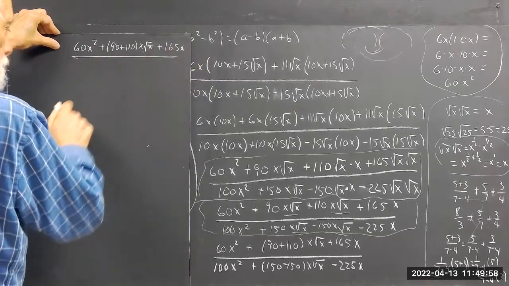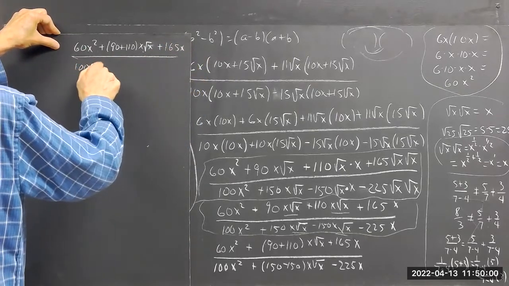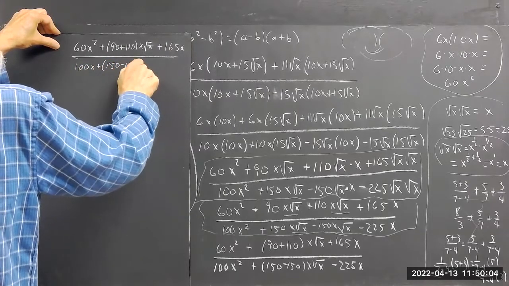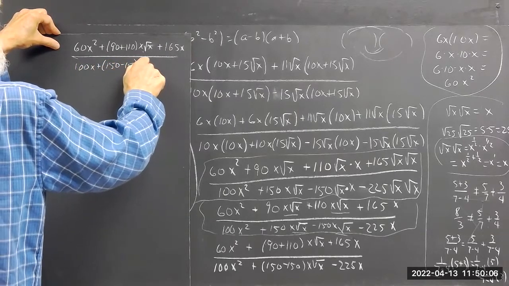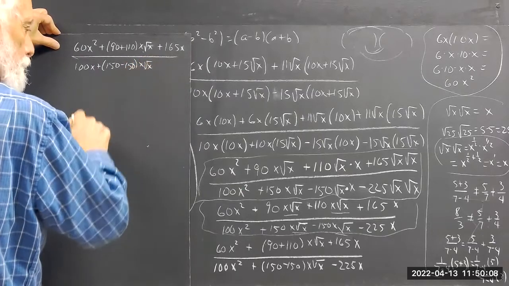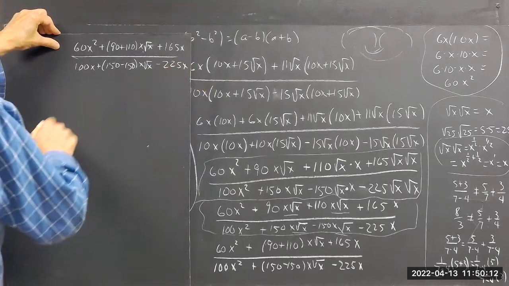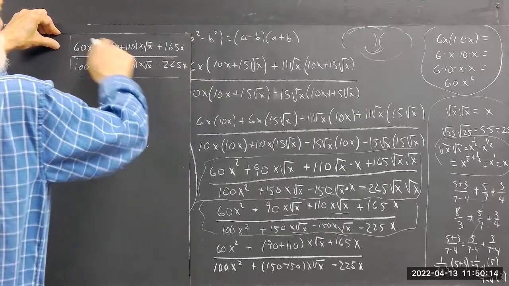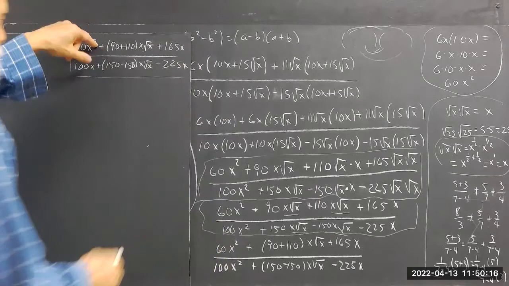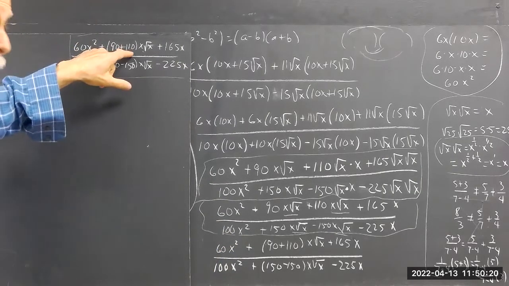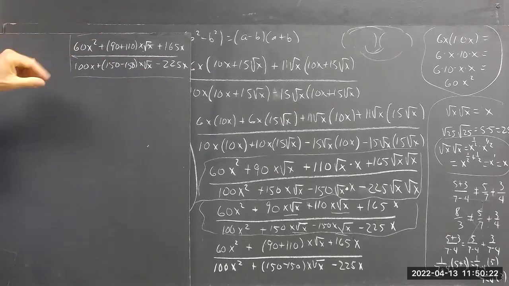All that divided by 100x squared plus 150 minus 150 x square root of x minus 225x. Written kind of small. It's the same things we got here, but just so we don't lose the thread. Then 90 plus 110, 200, that's an easy addition.